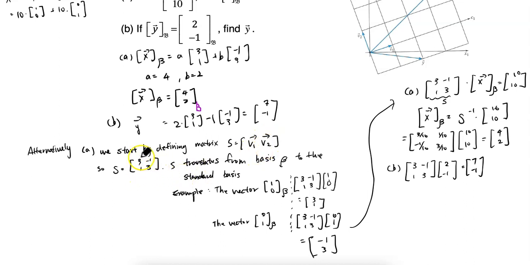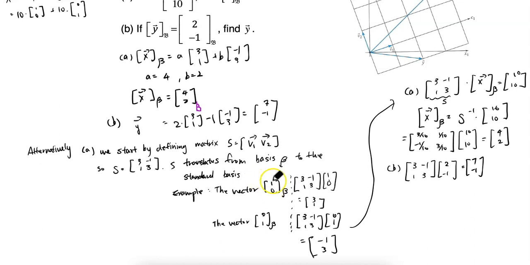It's written right here. We can think about what this matrix does. Now, granted, this is a little bit counterintuitive, but what S does is it translates a given vector in basis B to the standard basis. Let's see an example to see how this is true. I find it a little counterintuitive because it feels like it's going backwards, but this is what it does.